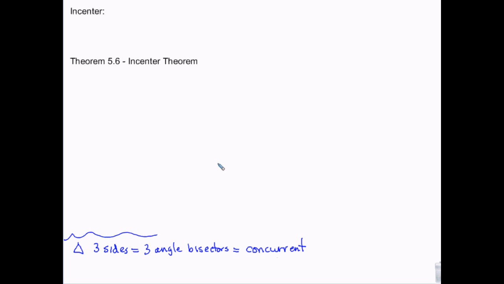And the incenter is the point of concurrency for the angle bisectors in the triangle.